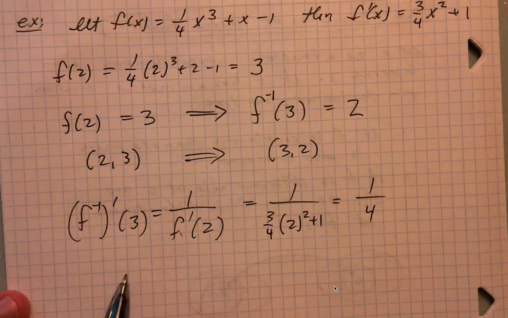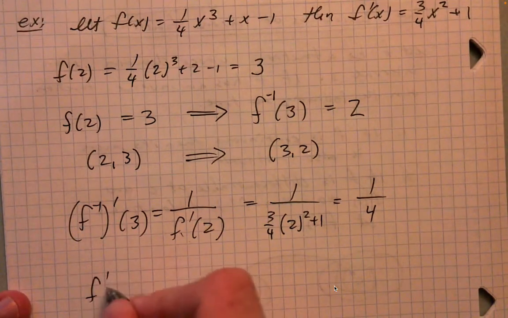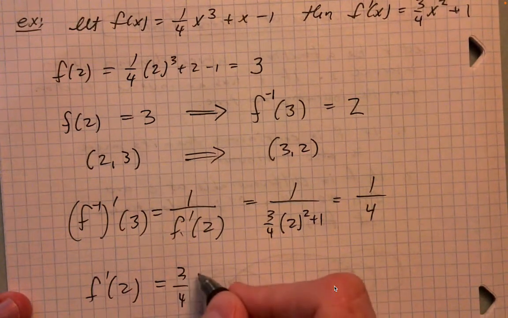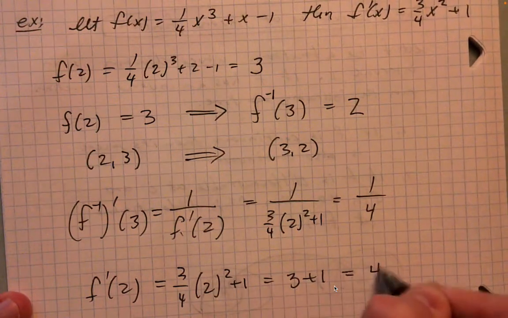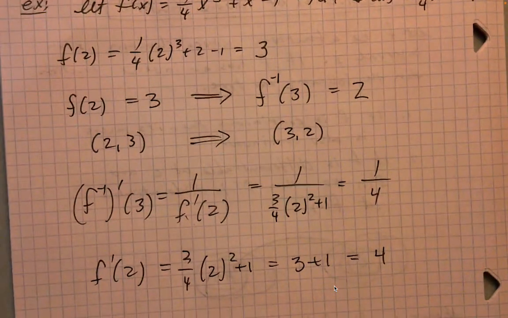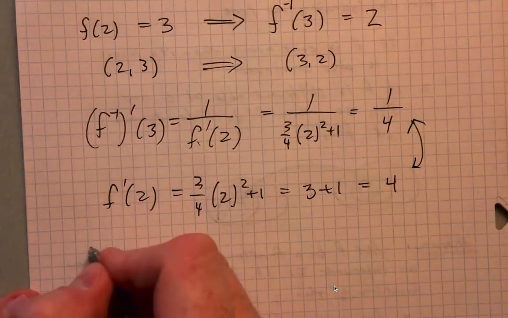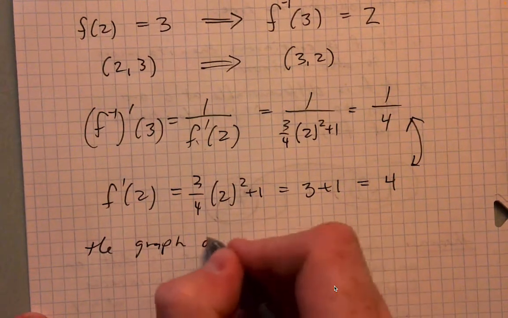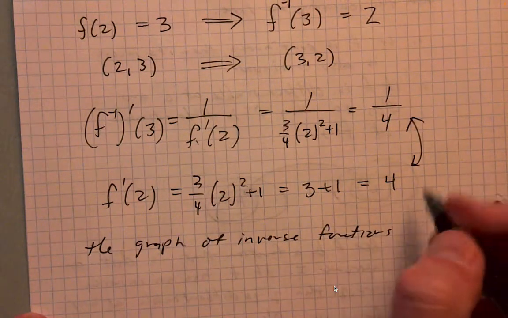Well, what is the derivative of f at 2? So f prime of 2 is equal to, you can plug all of these things in. And so what we can see here is basically what this boils down to is that the graphs of inverse functions have reciprocal slopes.